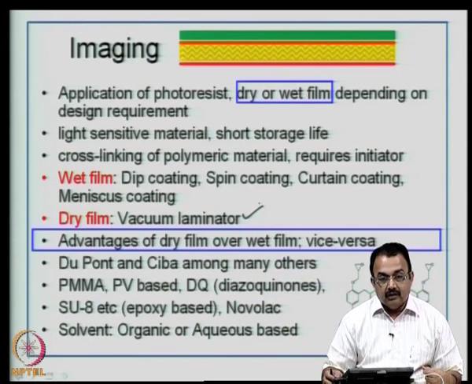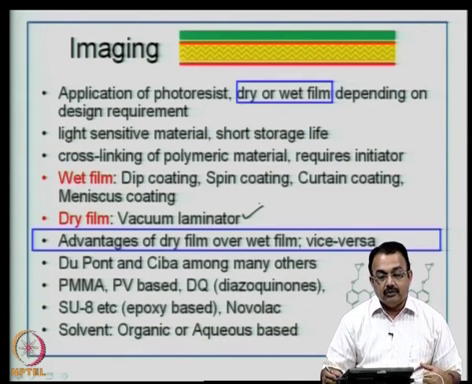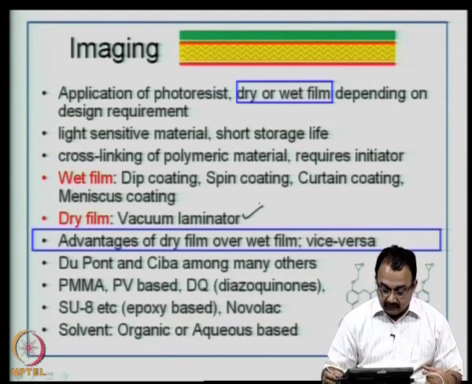SU8 is a very recent innovative material, new material which is epoxy based, used for high density interconnect sequential build-up structures, where you can use very thin material for creating vias on structures. Novolac resins are also used.